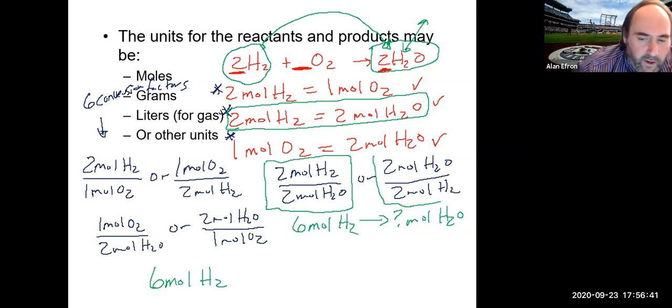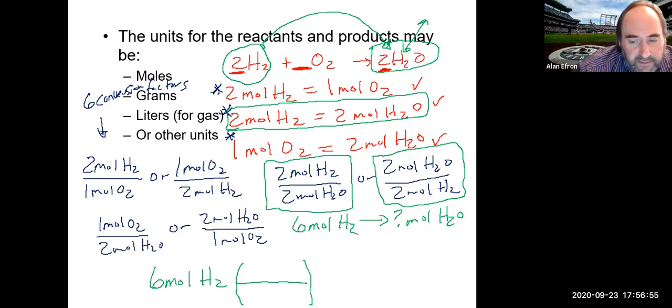And only one of these conversion factors is going to work for us. So just like a normal conversion, the 6 moles of H2 are on top. So to get rid of them, I need those 6 moles of H2 on the bottom, which means I should use this conversion factor here to do that.